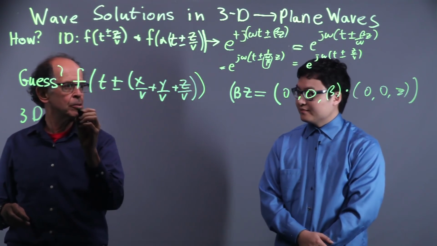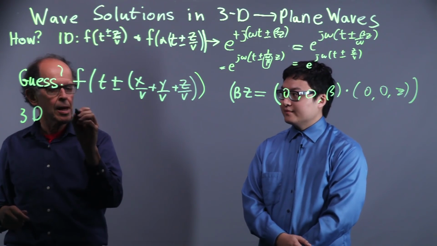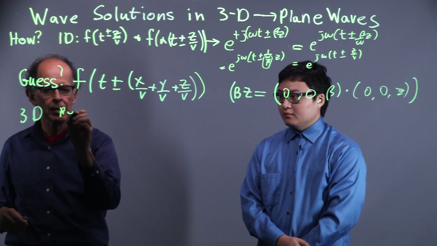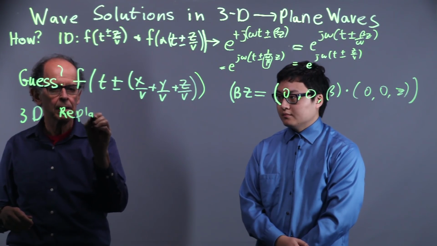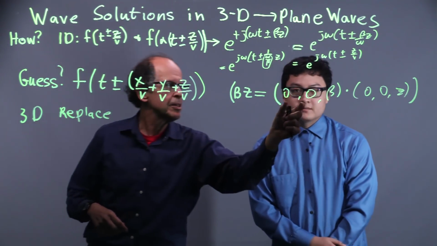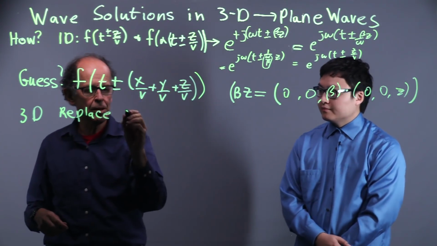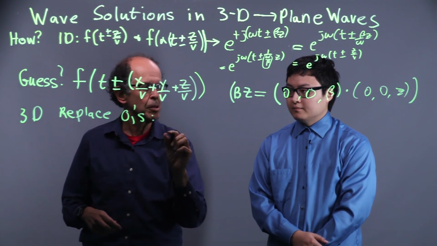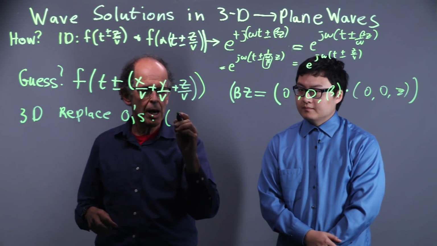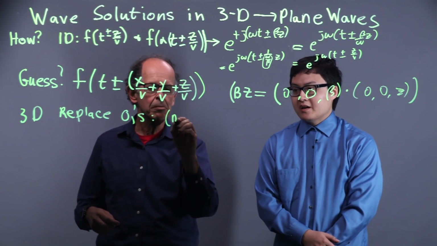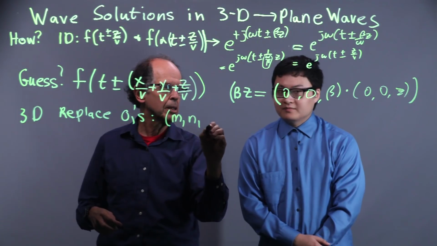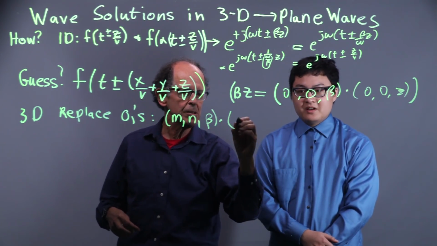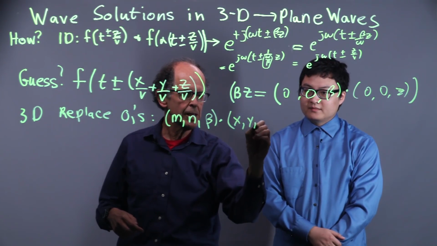We'll call it M beta, dotted with, this part is easy, x, y, z.